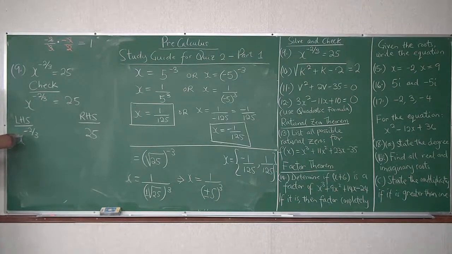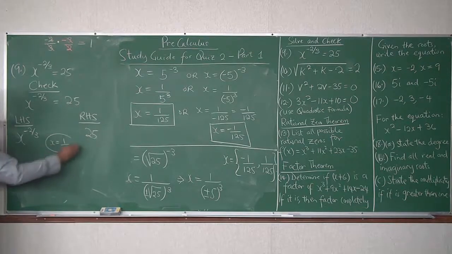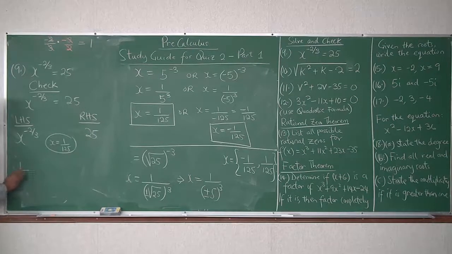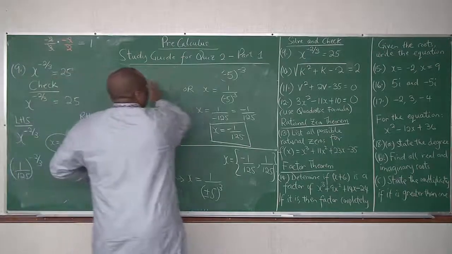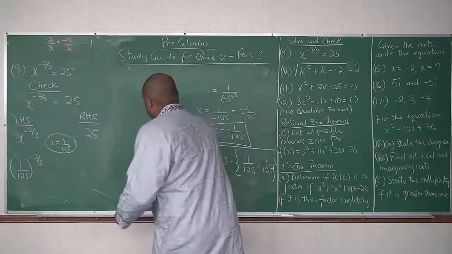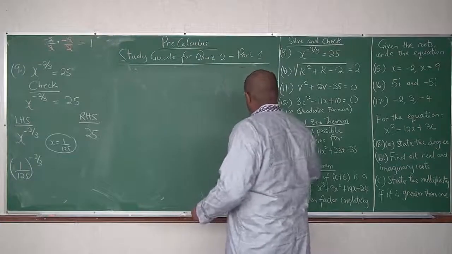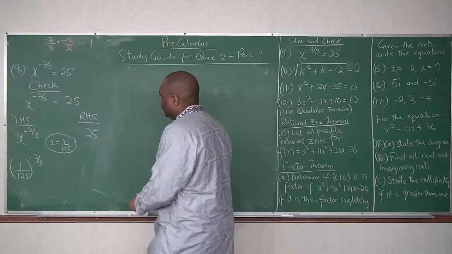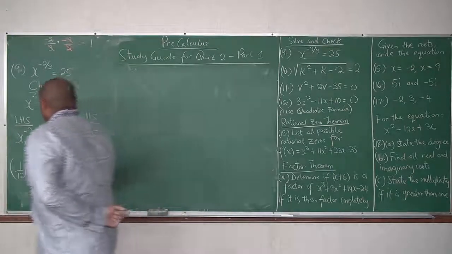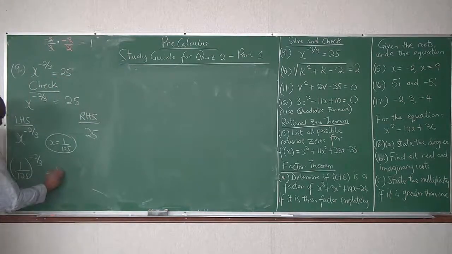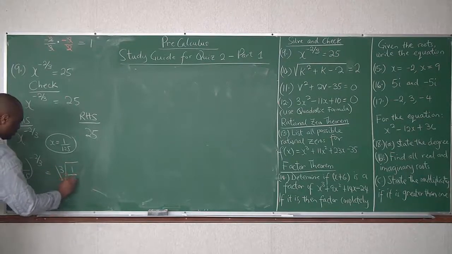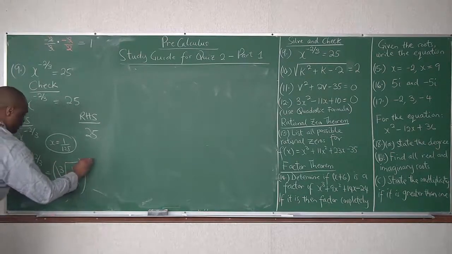Okay? Now, we check for x equal to 1 over 125 first. So this is 1 over 125 raised to power negative 2 over 3. If we do that, this will be the cube root of 1 over 125 all raised to power negative 2.